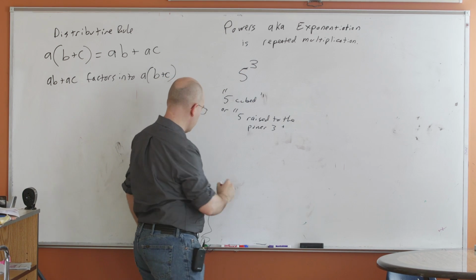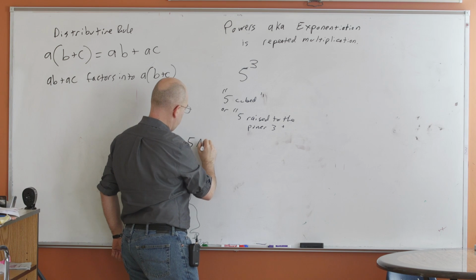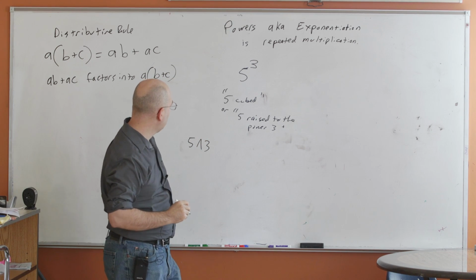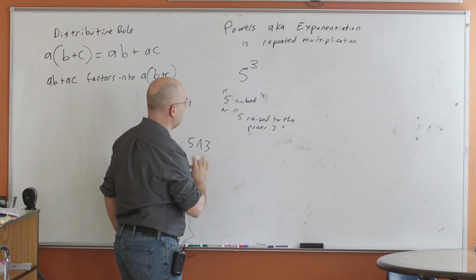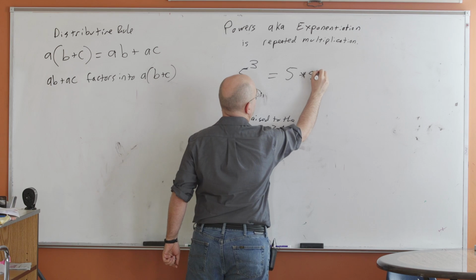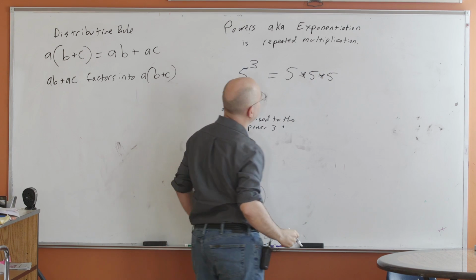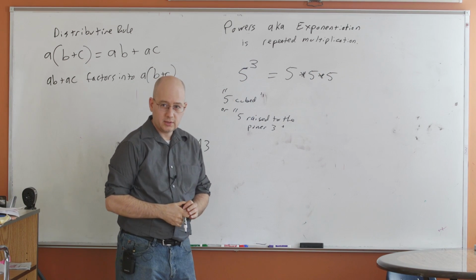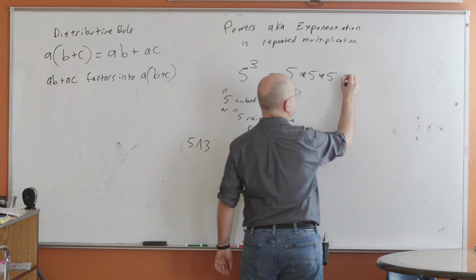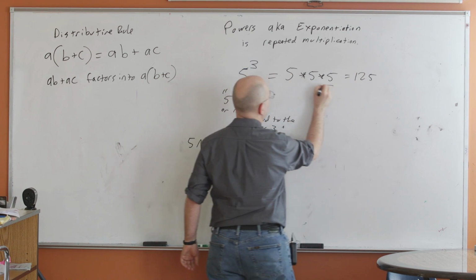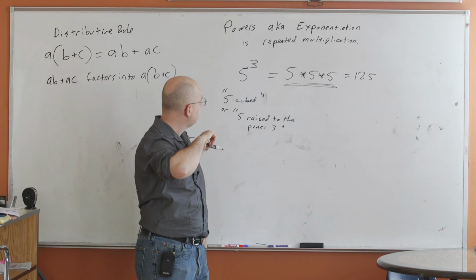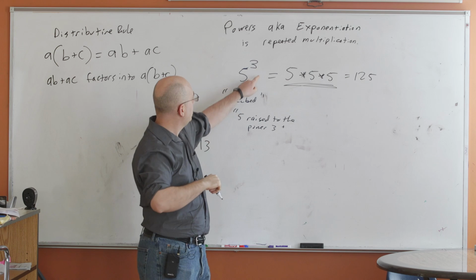On a keyboard, it would be the caret symbol when inputting things. Anyway, what it means is 5 times 5 times 5, which is 125. But the main point is you're multiplying 5 by itself 3 times.